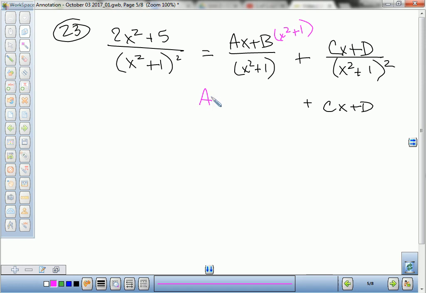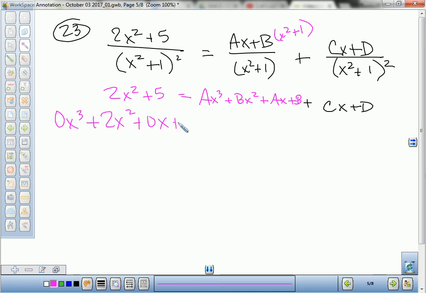Okay, so this gives us ax cubed plus bx squared plus ax plus b. Okay, so we have 0 x cubes, we have 2 x squares, we have 0 x's, and we have a 5. So the cube, the square, the x's, and the constants. This is a c.